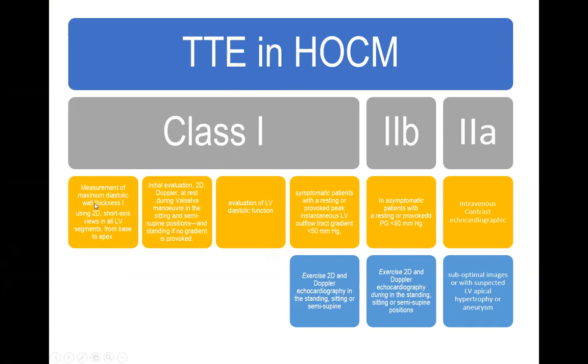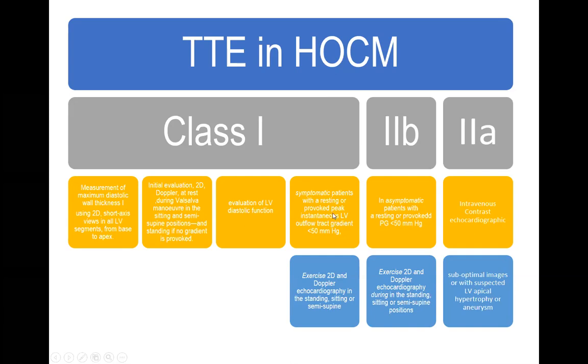Measurement of the maximum diastolic wall thickness using the short axis view in all LV segments from base to the apex. Initial evaluation by Doppler at rest and during Valsalva maneuvers in the sitting and in the semi-supine position, and standing if no gradient is provoked. Evaluation of the LV diastolic function.